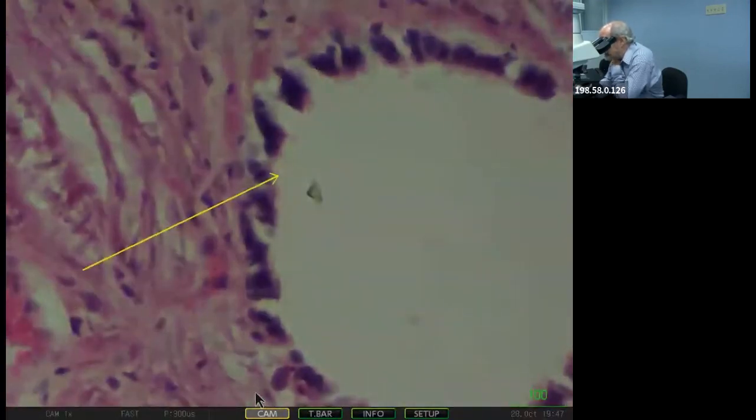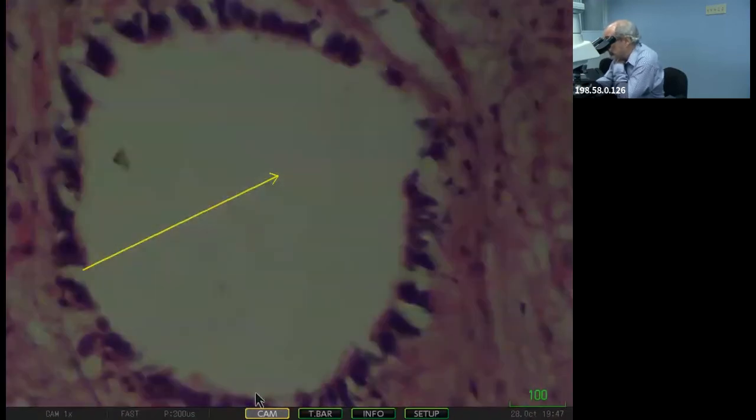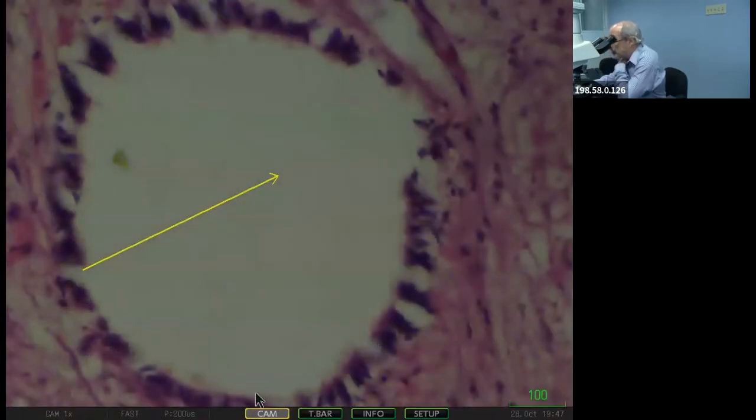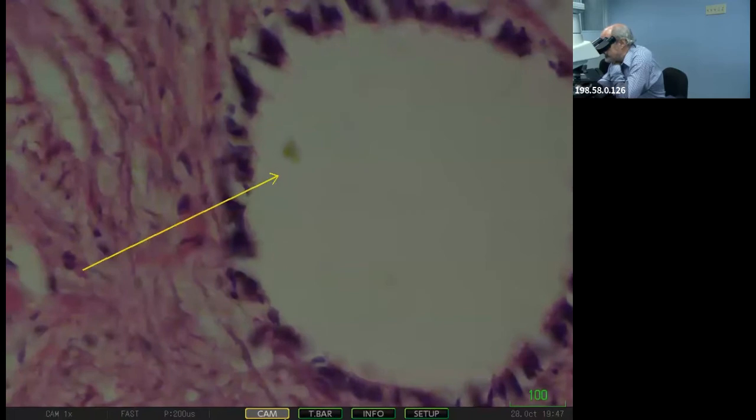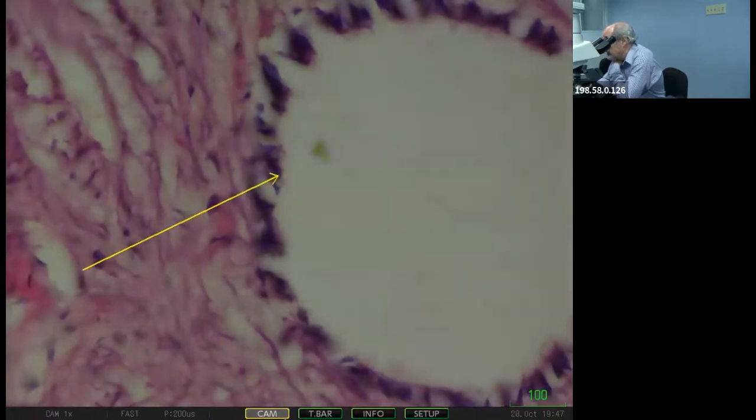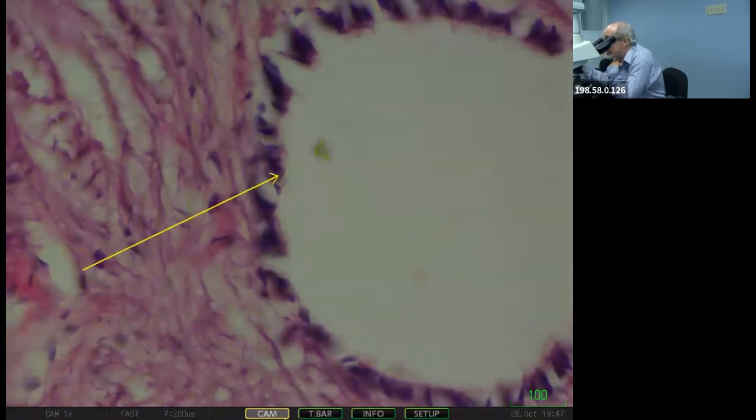Something else that you don't have to know for this year. We're in the central canal now, and you see you have some cells. What is the name of the cells lining the central canal?